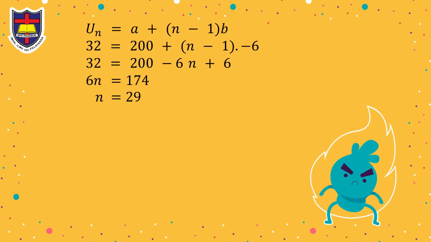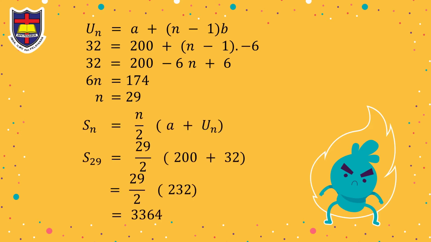So 32 equals 200, negative 6 times n, negative 6n, negative 6 times negative 1 equals positive 6. So we have 32 equals 200 minus 6n plus 6. So we have 6n equals 174. So we have the value of n is equal to 29.